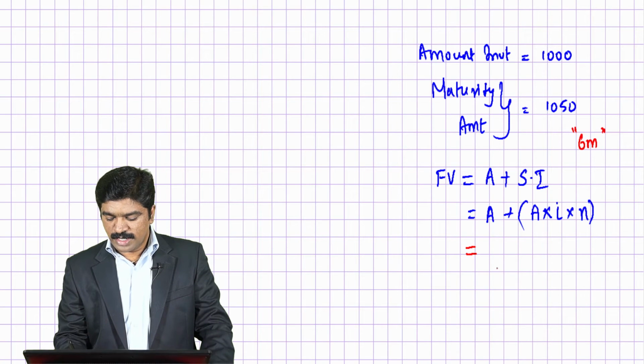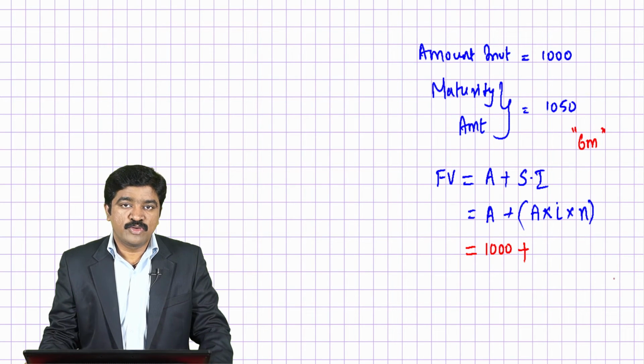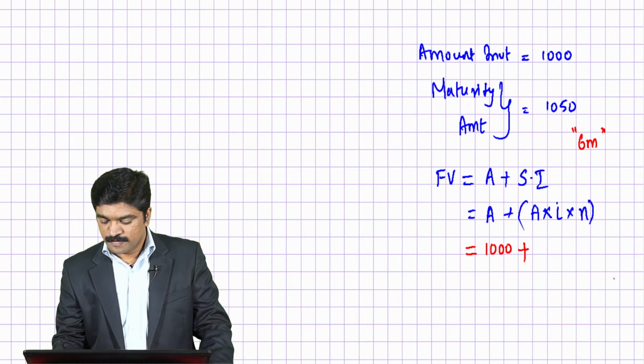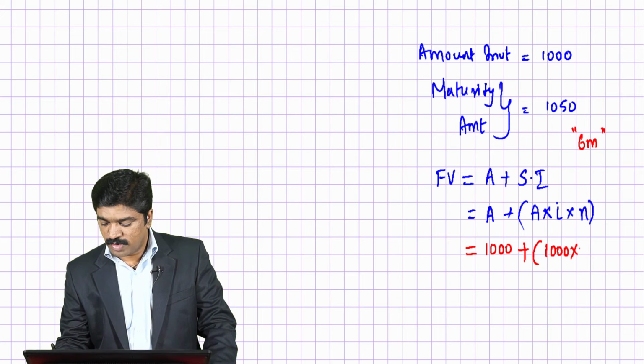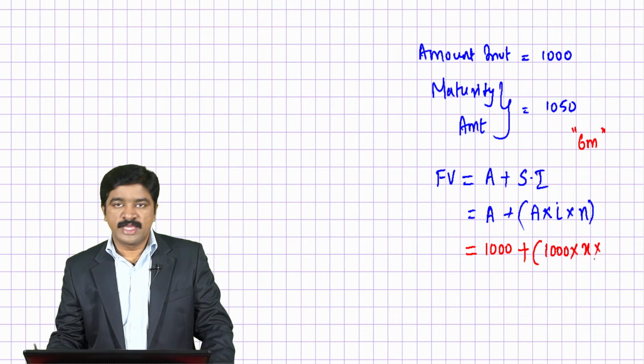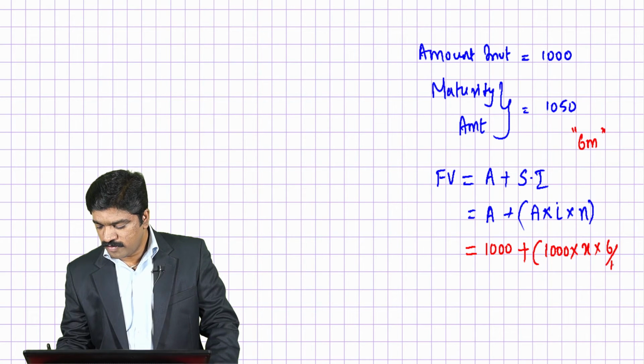So here I'll write the amount invested is 1000, right? Plus the interest, we don't know, that's what we are trying to find. But interest can be computed as 1000 into interest, which we don't know, so I'll call it x, into n, and here n is 6 by 12, that is nothing but 0.5.